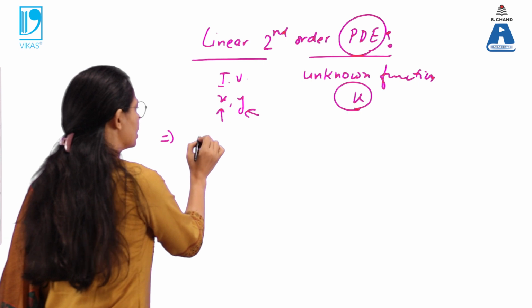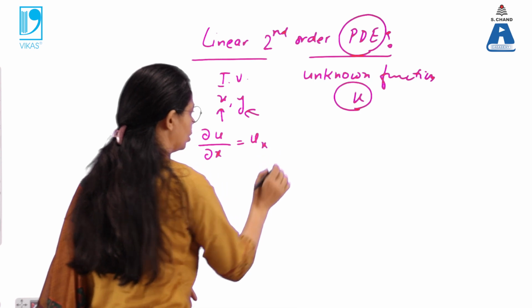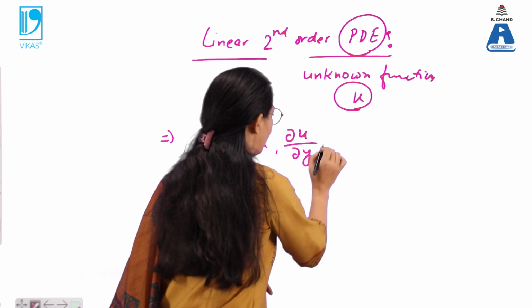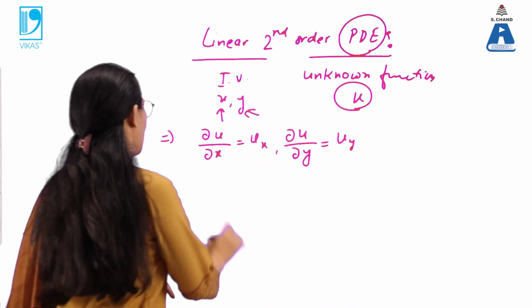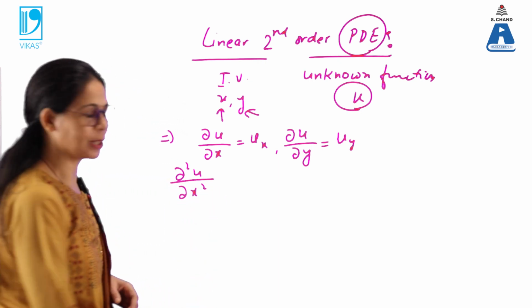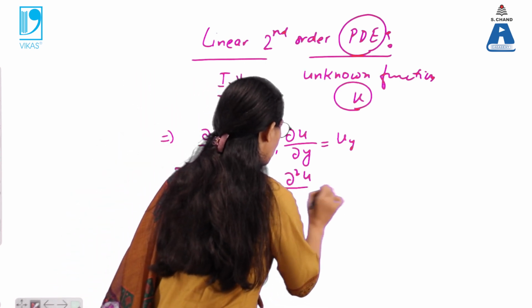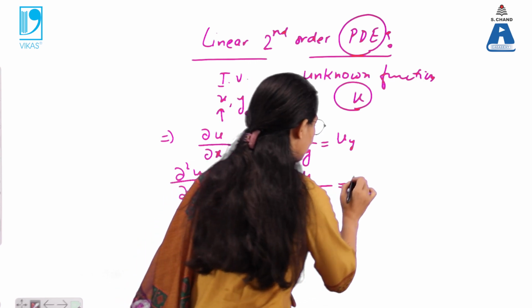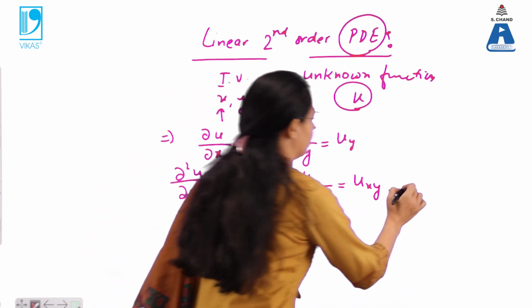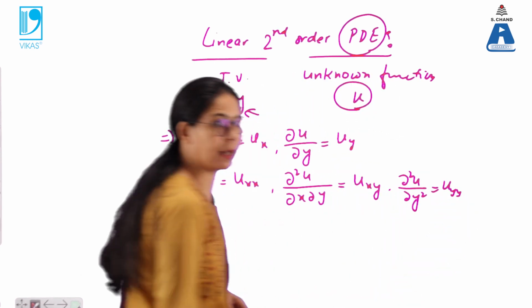So, the equation involves del u over del x, which can be written as ux, then del u over del y, written as uy, and then three second order derivatives: del square u over del x square, written as uxx, del square u over del x del y, written as uxy, and the third derivative of second order, del square u over del y square, written as uyy.